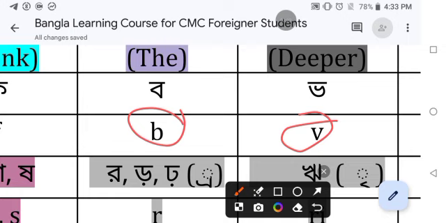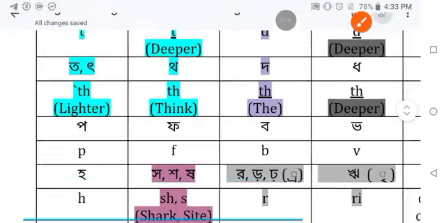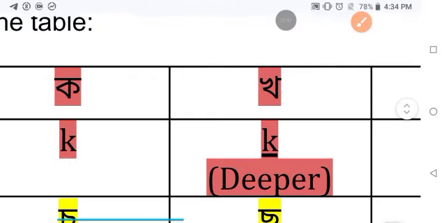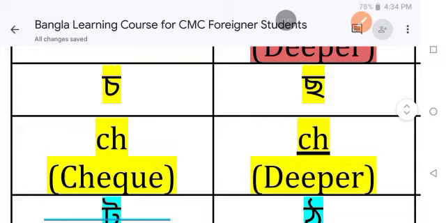The two are same but different because one is lighter and the second one is deeper, and this is applicable for most of the Bangla consonants. Not all but most. You will see that this one is something and this is the deeper version. This one is something and this is the deeper version. This is something, deeper version.